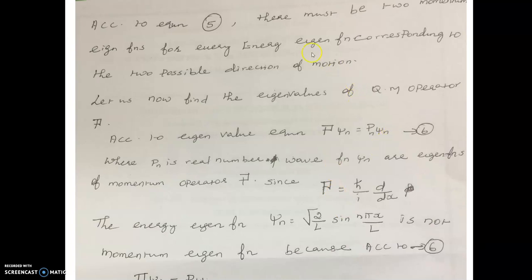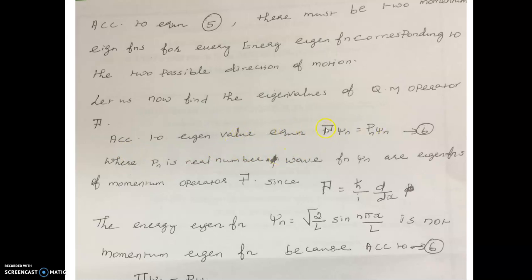Now, according to this equation 5, there must be two momentum eigenfunctions for every energy eigenfunction, corresponding to the two possible directions of motion. So, we will find the eigenvalues of the quantum mechanical momentum operator P. We will see how to find the eigenvalue equation of the momentum.